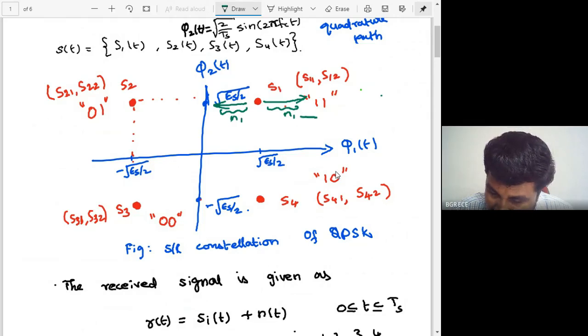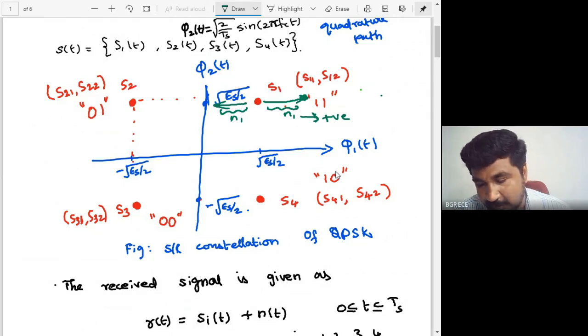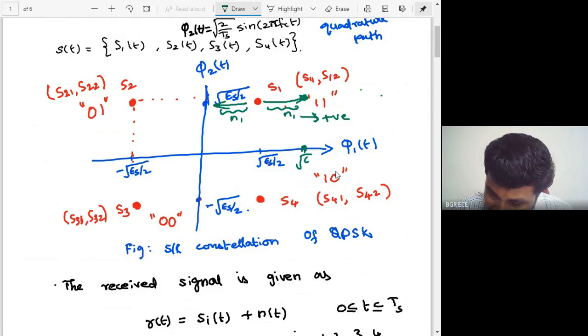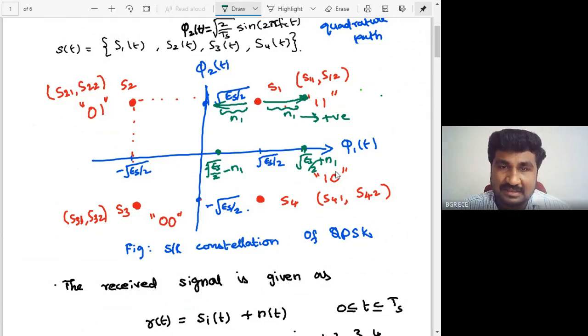If n1 is positive, this point will be s11 plus n1, that is, square root of Es by 2 plus n1. If n1 is negative, this point will be square root of Es by 2 minus n1, going horizontally to the left-hand side.